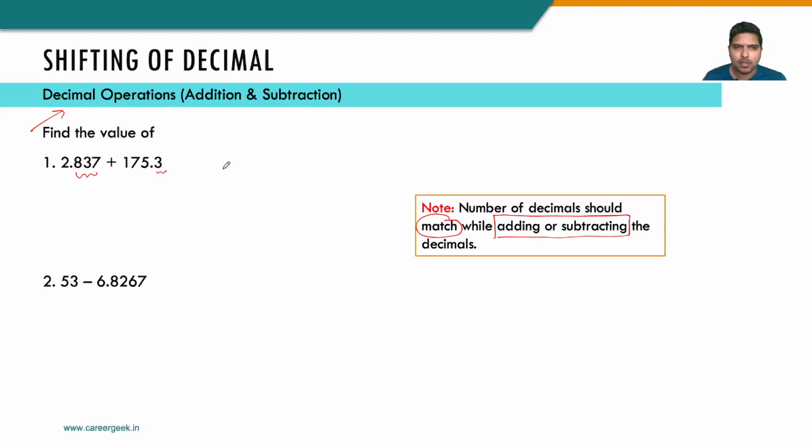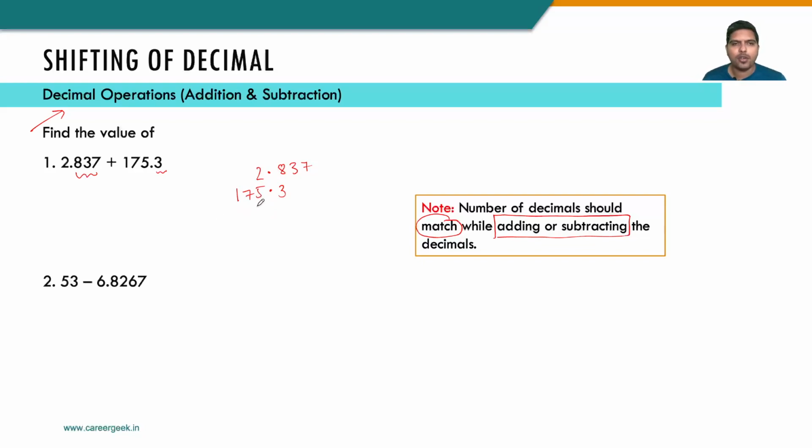It's not matching. So how do we match? So what we mean by that is you write both the decimals in the same column, in the same vertical line, and the second number has 1 digit to the right of decimal.